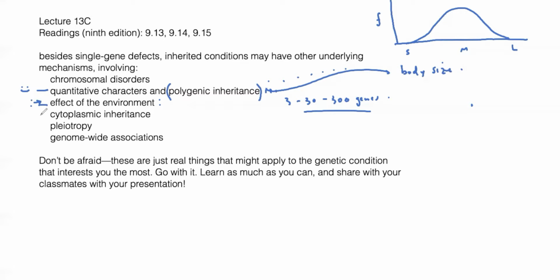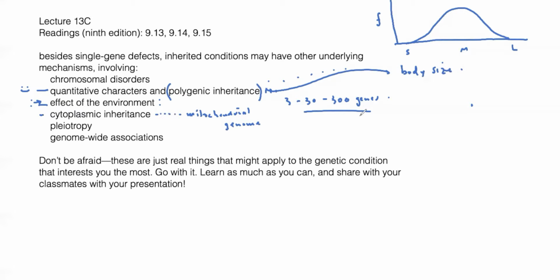This next one, cytoplasmic inheritance, is kind of a follow-up of something we discussed earlier in the semester. Remember mitochondria? Okay. And mitochondria have their own genome. So you've got a mitochondrial genome. Okay. And what happens if you've got a bad gene in your mitochondria, right?